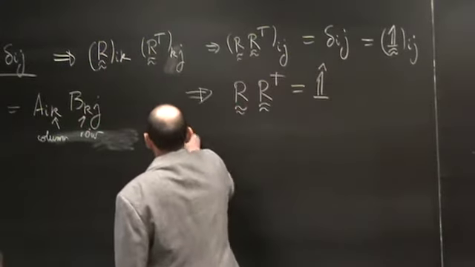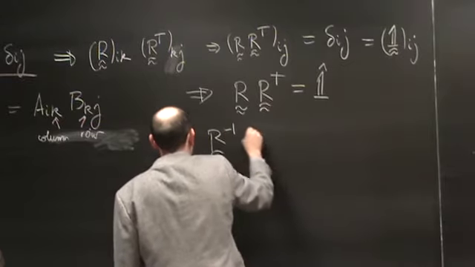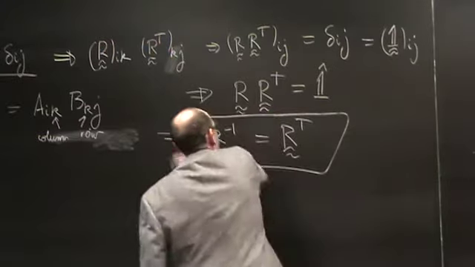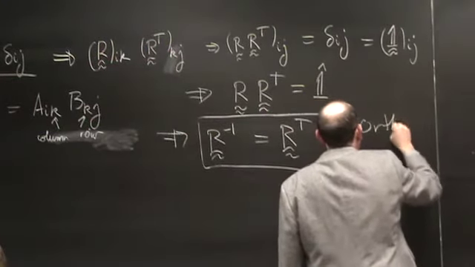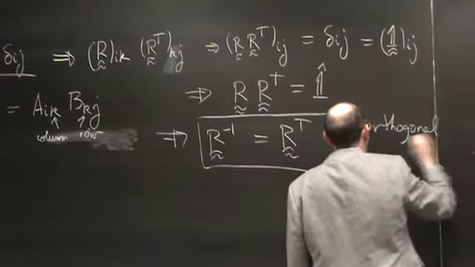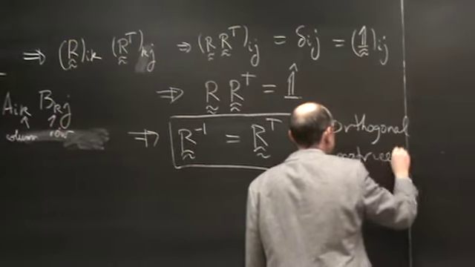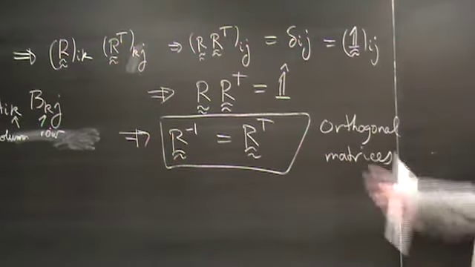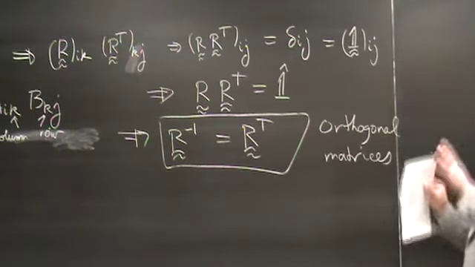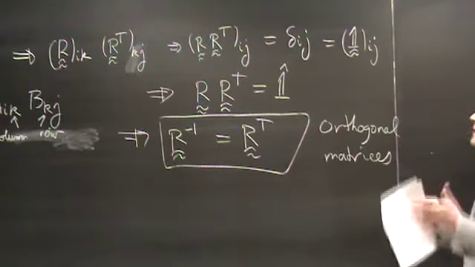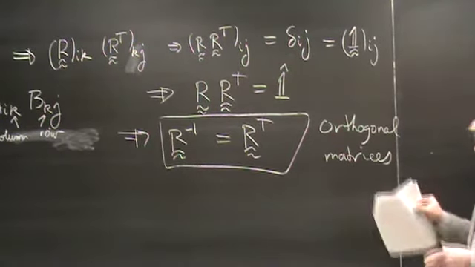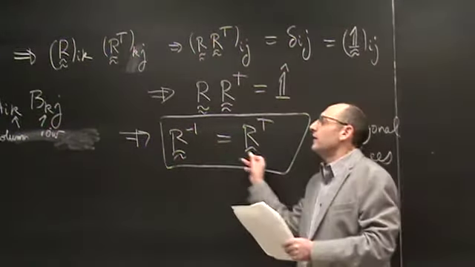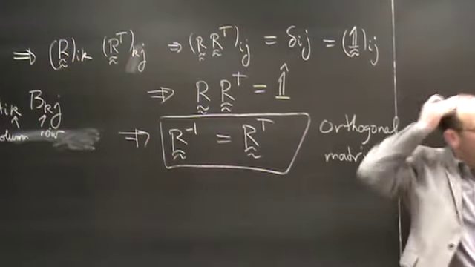Or equivalently, what this says is that the inverse transformation is equal to the transpose. And matrices that have that property are called orthogonal matrices. So if the matrix transformation preserves the inner product of Cartesian space, then it must be an orthogonal matrix. An orthogonal matrix is one whose inverse is equal to its transpose.